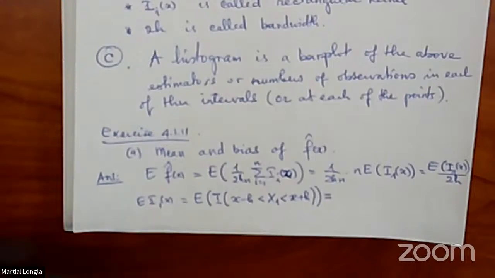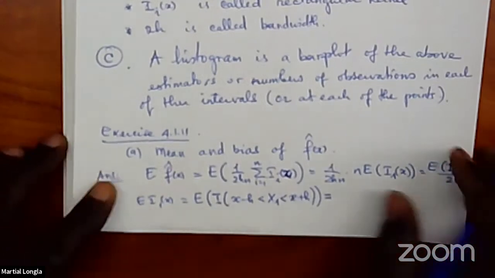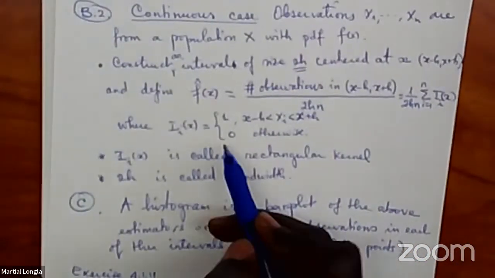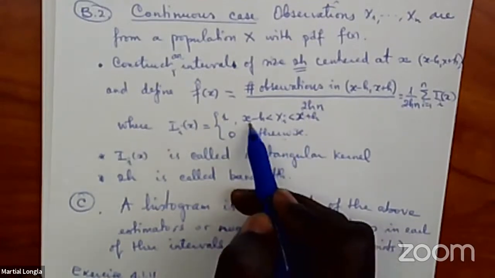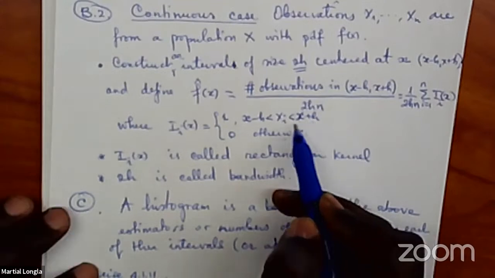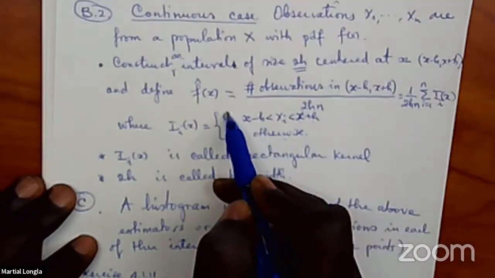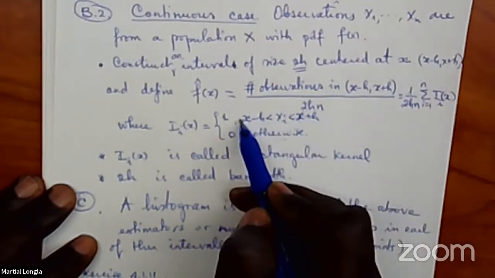Now the value of this variable is 0 or 1: 1 if we are between X minus H and X plus H. So it is value 1 times the probability of this. Does that make sense?